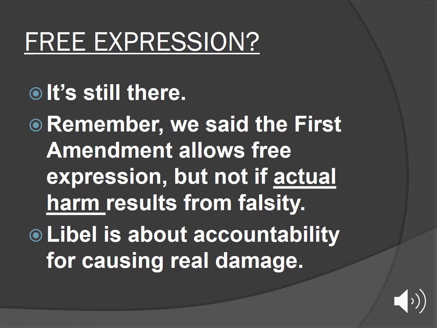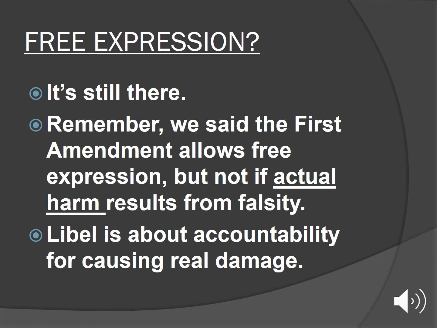Now, freedom of expression, we started talking about that at the beginning of this segment, and we continue to insist that it's there. There's no prior restraint. In most cases, a person can publish, can say, can print, can distribute all types of information. That's allowed under the First Amendment.